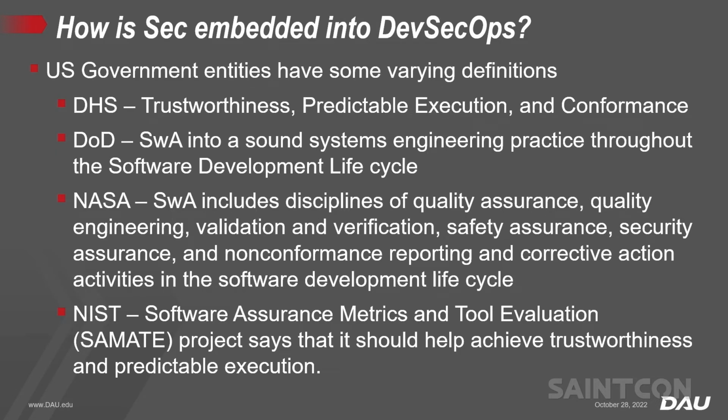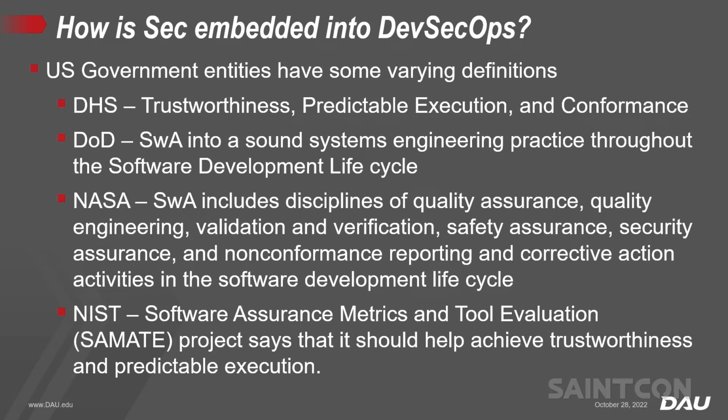As we go into other aspects, the government has lots of different groups that have a little bit different definitions within software assurance. So the Department of Homeland Security just deals with trustworthiness, predictable execution, and conformance. And then the DoD, as a unique aspect, they have sound system engineering practices.